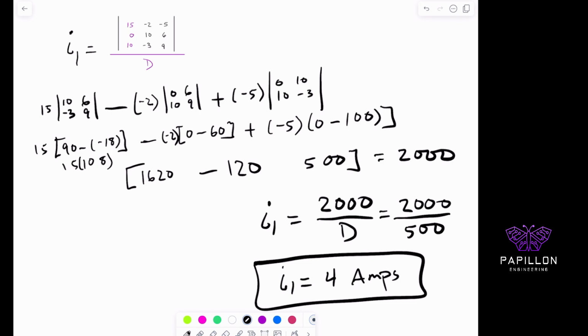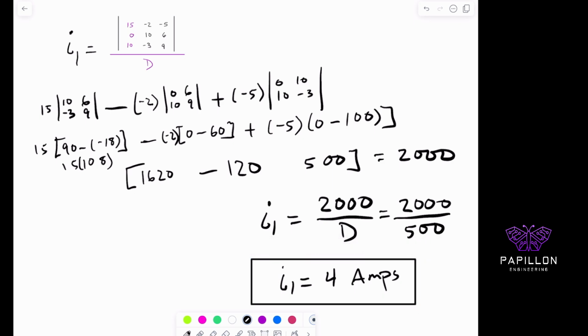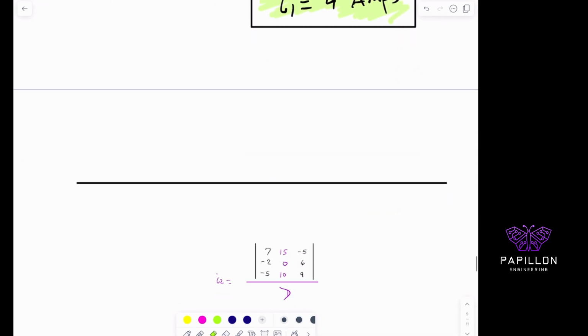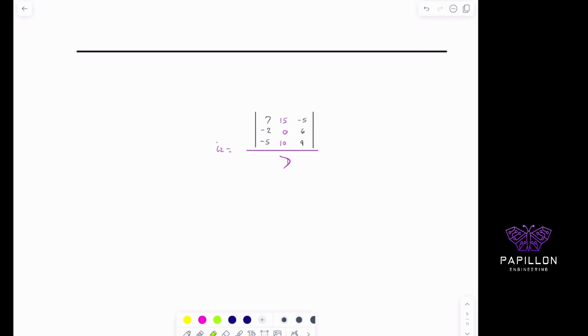Okay, so that's how much current is going through loop 1. So excellent job if you were able to get that. So let's quickly try to set up I2. I2 is the same thing that we did before, so we're going to just practice for speed, and hopefully in no time when you work on this, or if you take an exam on this, you'll feel a little bit more confident on how to do this.